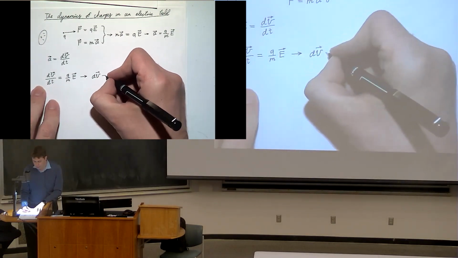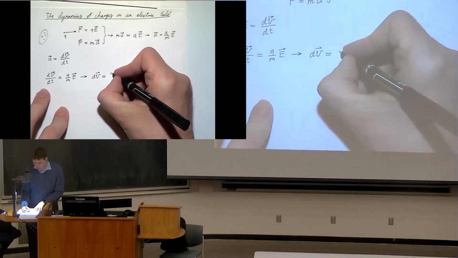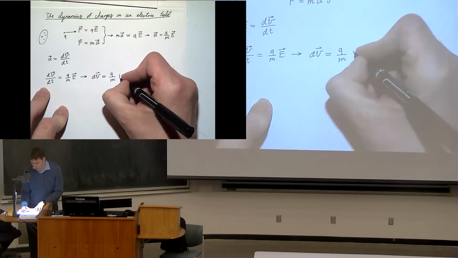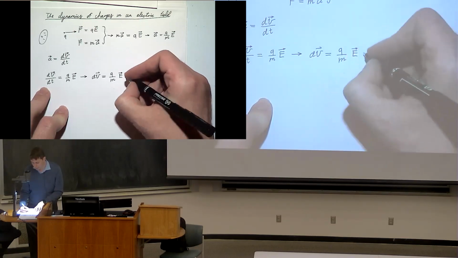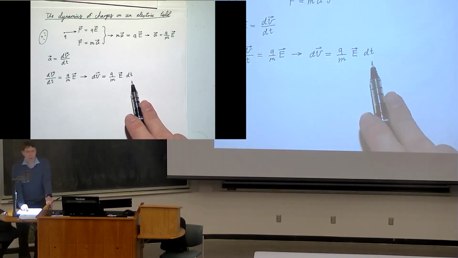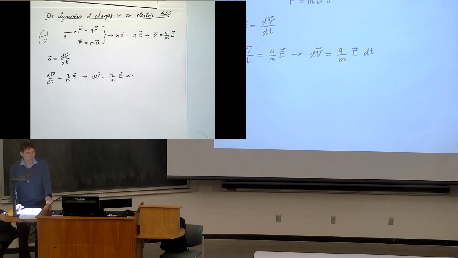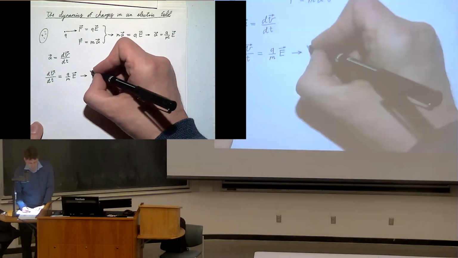We can rewrite that as dv, which is an infinitesimal change of velocity, over some infinitesimal time dt. We can rewrite it like this, and we can take the integral, or as one says, integrate this equation.